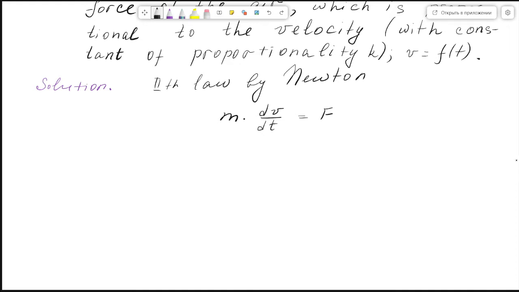This force is the resultant of two forces: the force of gravity mg and the force of air resistance, minus k times v.